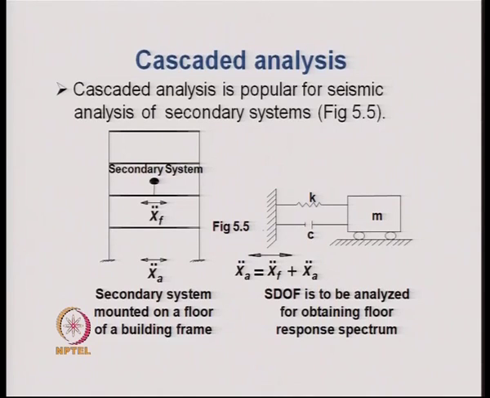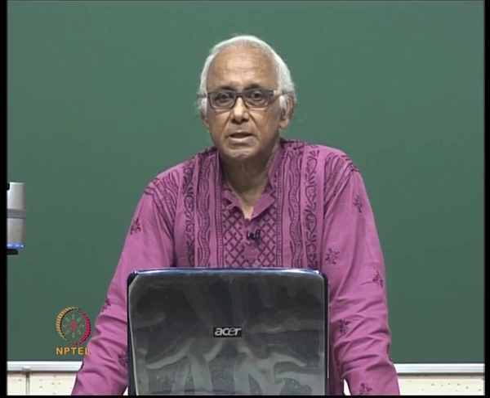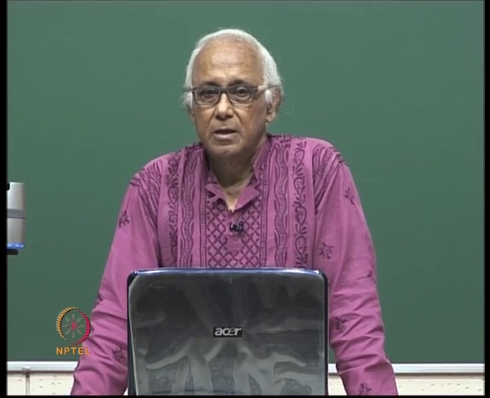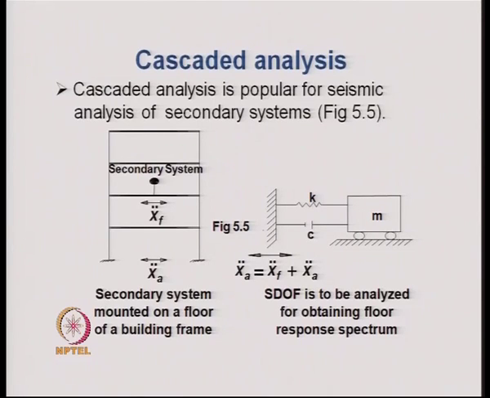And in most cases, it is found that if we ignore this interaction effect, then we do not get much error in the analysis of the response of the secondary system. For this purpose, the floor response spectrum becomes an important thing in the cascaded analysis.